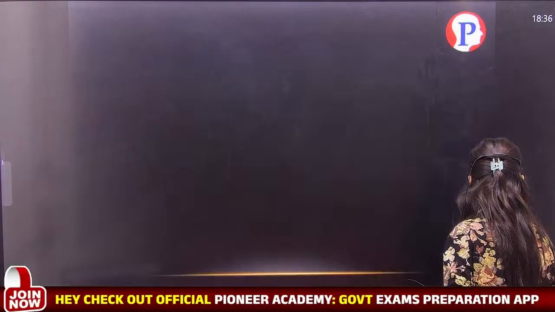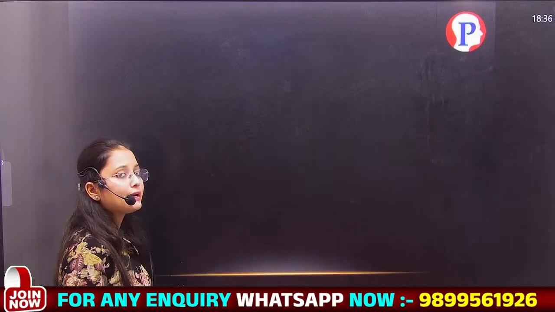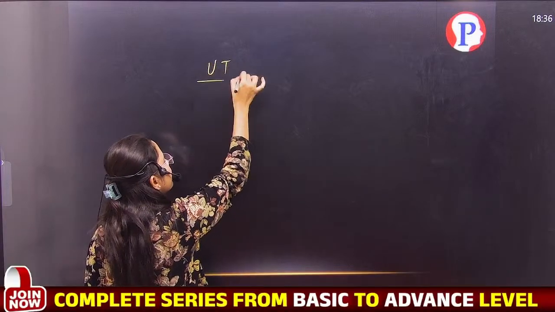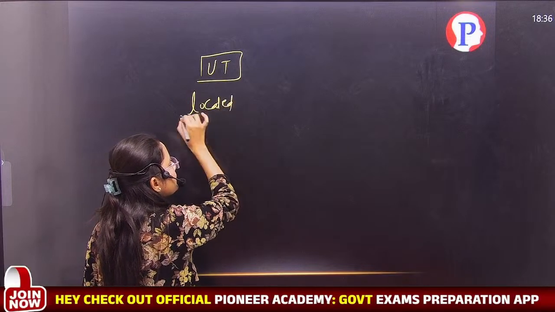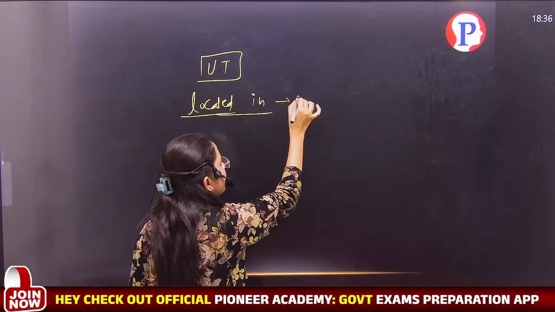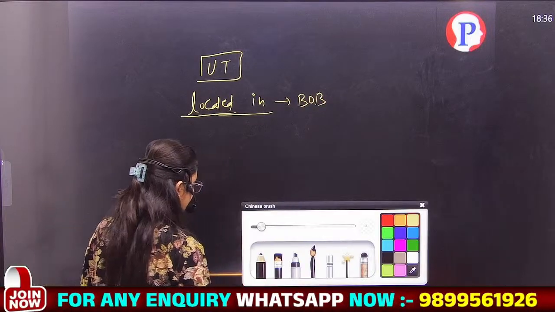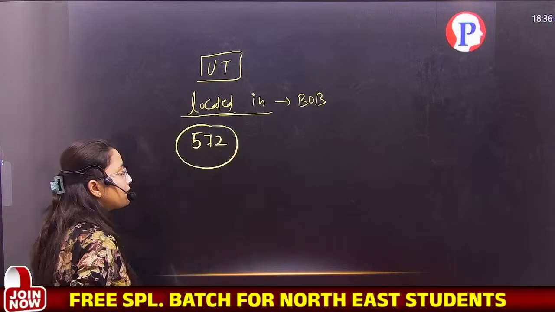Just look here. First of all, Andaman and Nicobar is an island group which is a union territory of India, and it is located in the Bay of Bengal. There are a total of 572 islands in Andaman and Nicobar.